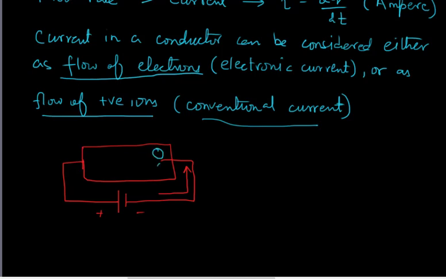So for example, these are a couple of atoms here. Now as the electrons start flowing in, let me use yellow color for electrons. The electrons start jumping from one atom to the other, and they go all the way to the other end of the conductor and come back here, completing the circuit.